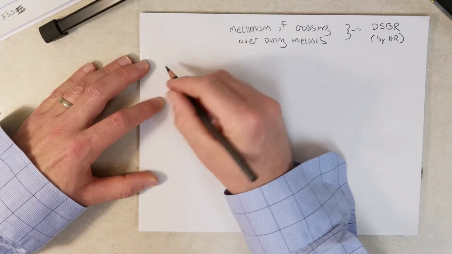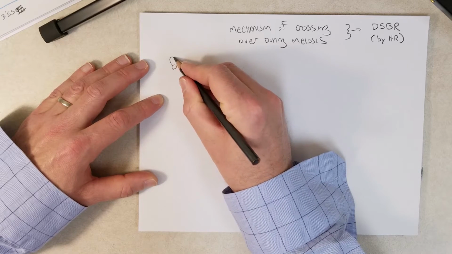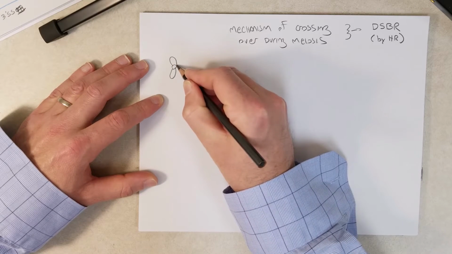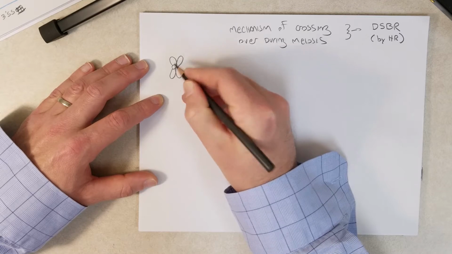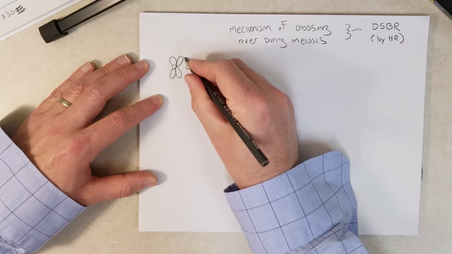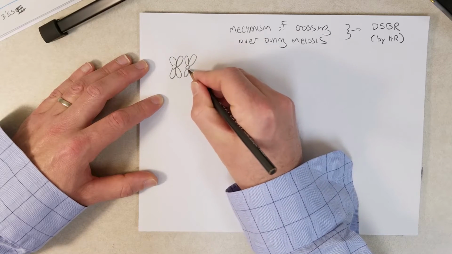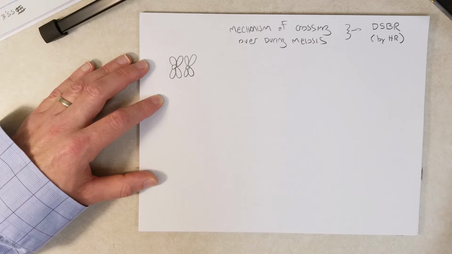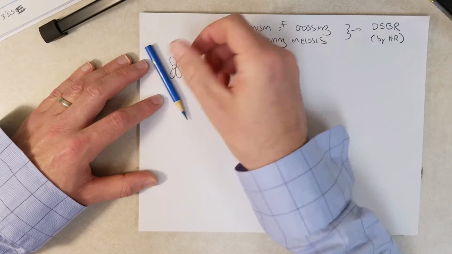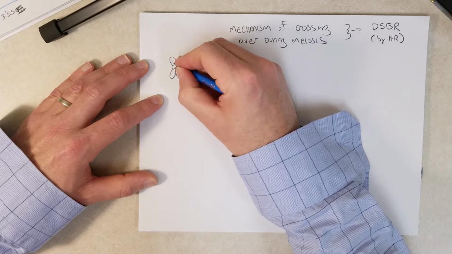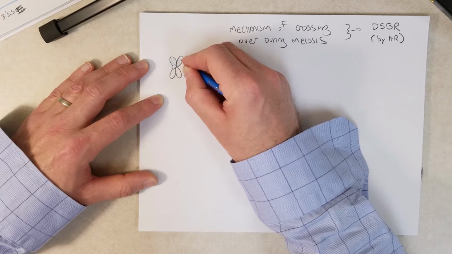So let me start by diagramming a tetrad here. And I'm going to color code these. I have some of these diagrams already drawn out for you, but I'm going to start nice and slow here because it can get pretty confusing.